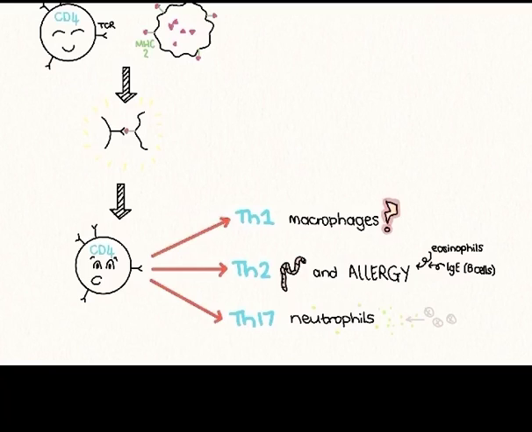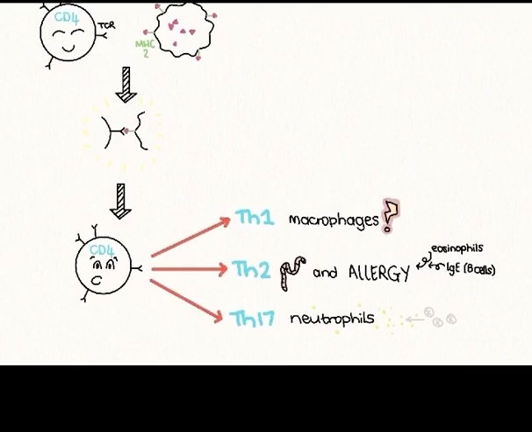Th1 cells activate macrophages to increase their ability to kill intracellular organisms, such as TB. Th2 cells are involved in the process against parasitic organisms as well as allergic reaction, and they are responsible for recruiting eosinophils and for increasing the production of IgE by B cells.